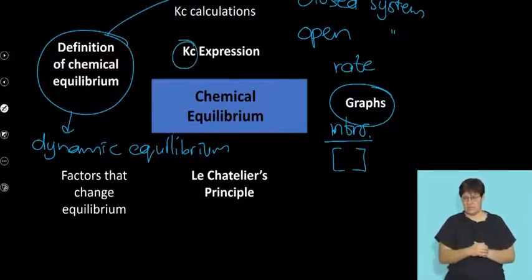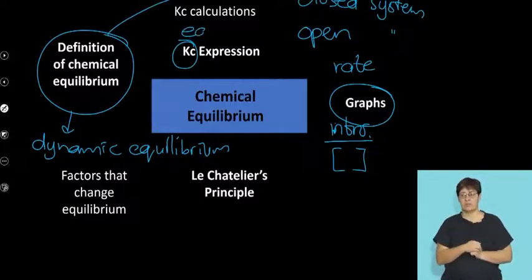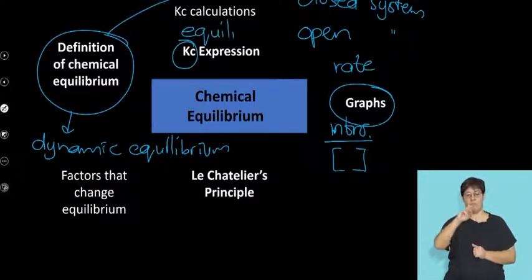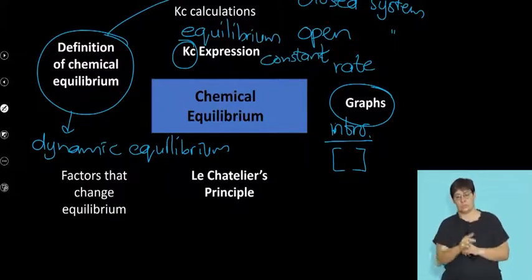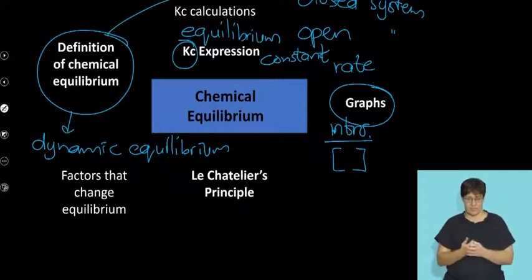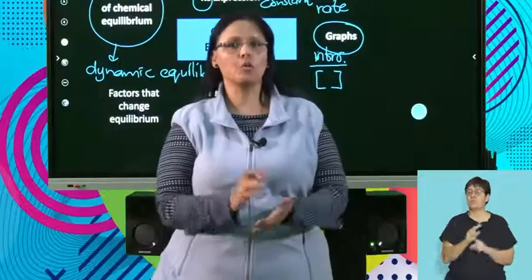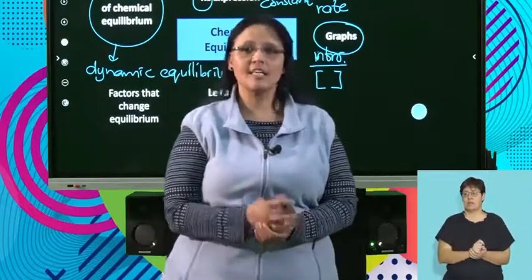And we call this constant Kc, but it is actually called an equilibrium constant. So in this session, we will look at the equilibrium constant and what it is, and then in a later session, we will look at the calculations, how we calculate this equilibrium constant. In short, we call this equilibrium constant Kc.